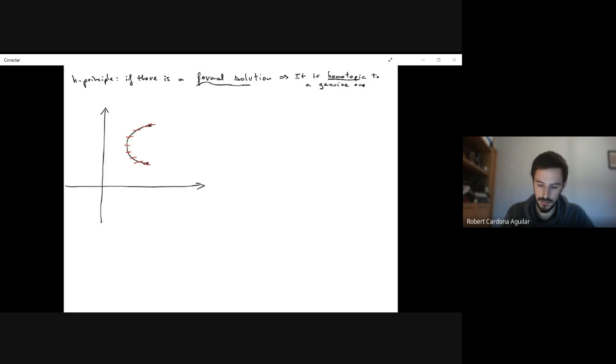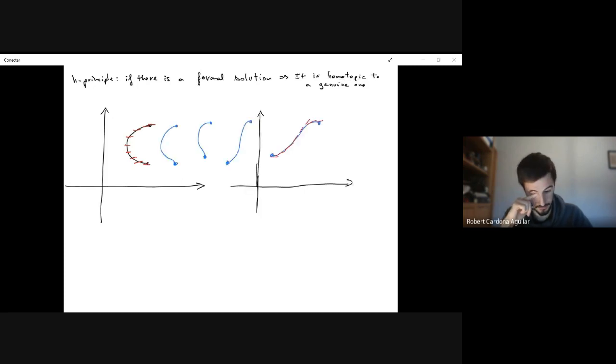So for instance, in this example, you can find a deformation which moves your path, and the derivatives, you put them like this, and you end up with a genuine solution.